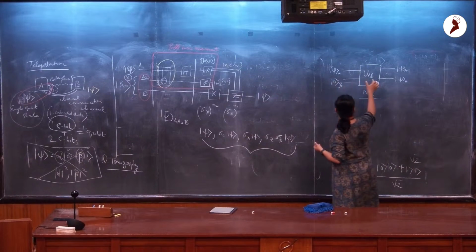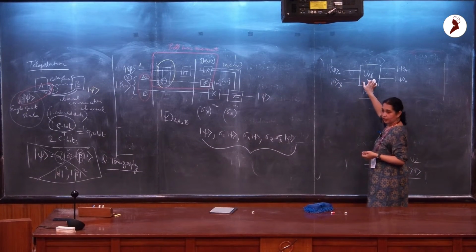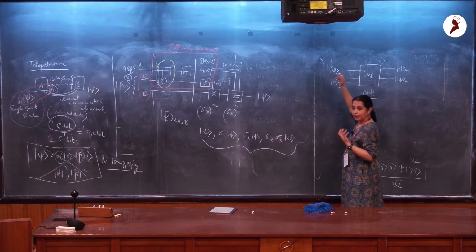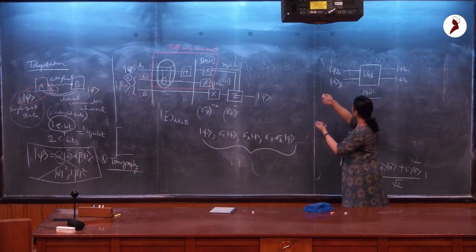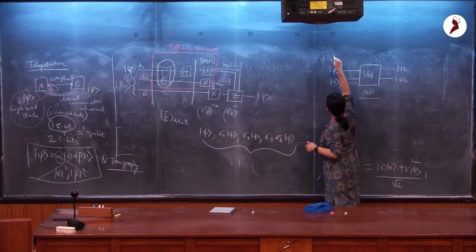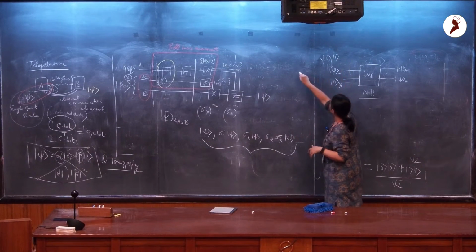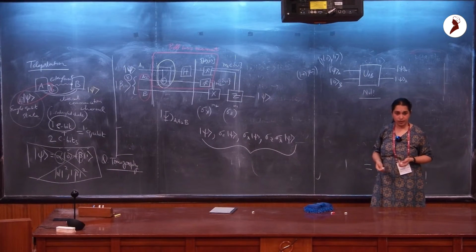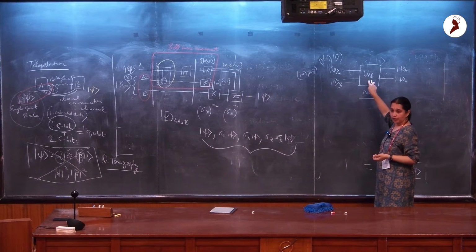I can design a unitary operation for specific sets of states. If you tell me that the state that I'm going to put in the box is always 0 or 1, or maybe it's always plus or minus, in particular, if you tell me that it's one of a set of orthogonal states, then I can prepare a unitary operation.